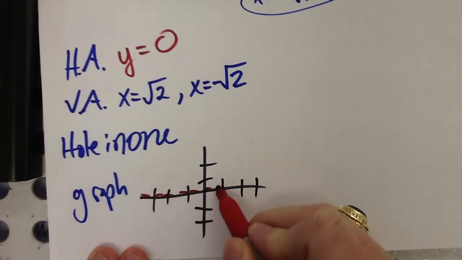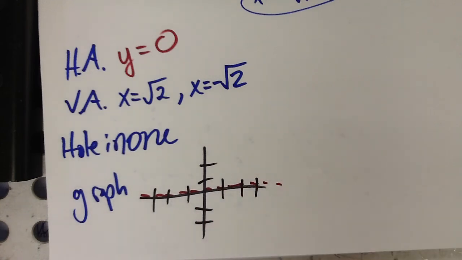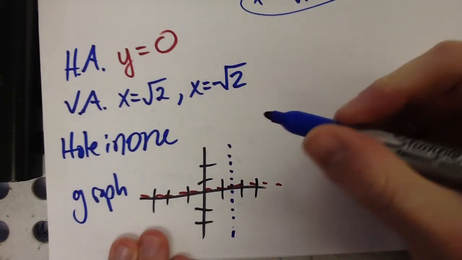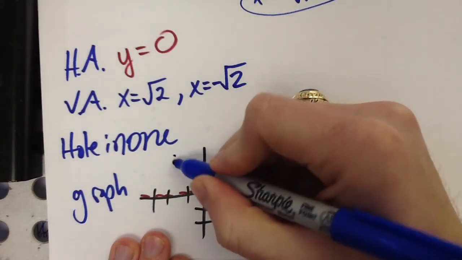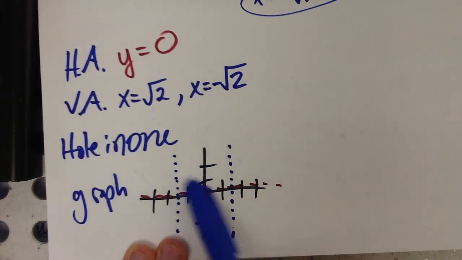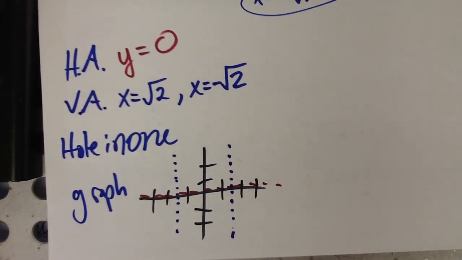It is the x-axis. Okay, and the square root of 2 is about 1.5, so about halfway between 1 and 2, vertical line. Negative square root of 2 is the other one, so about halfway between -1 and -2. Okay, so here are our boundaries. These are our invisible fences. Think of them that way.